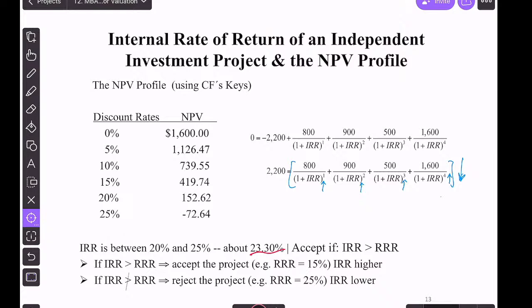So as the calculator considers higher and higher values of IRR to put in there, it calculates this side and verifies how close it is to here, or it offsets it by the initial investment and says how close is that to zero.